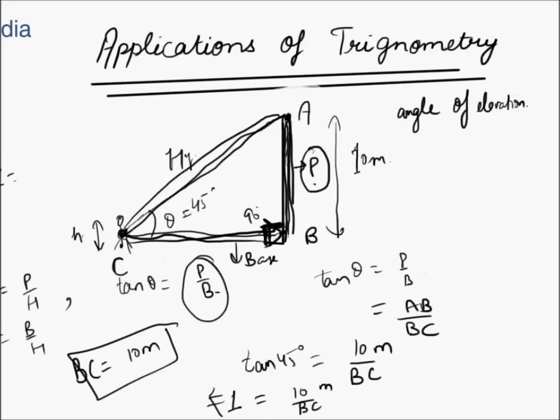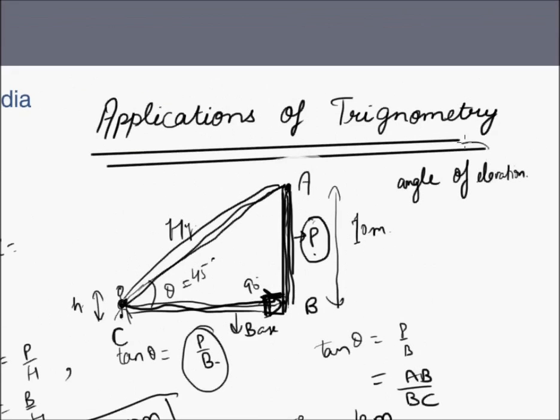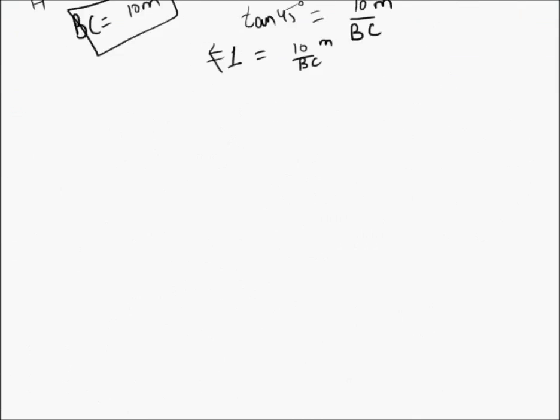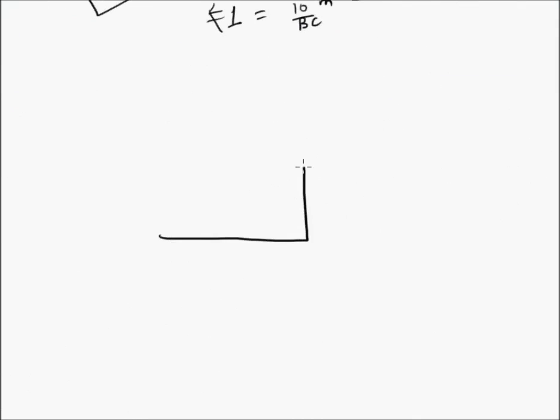Now suppose another condition where a person is standing on the wall. He sees an old friend of his from this wall. Say the wall is again of 10 meters, and he sees the person at an angle of 45 degree with the horizon.